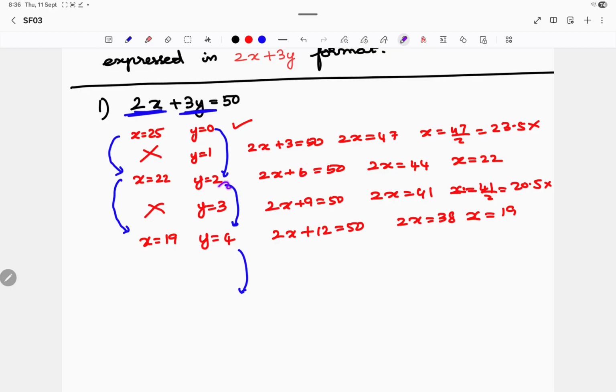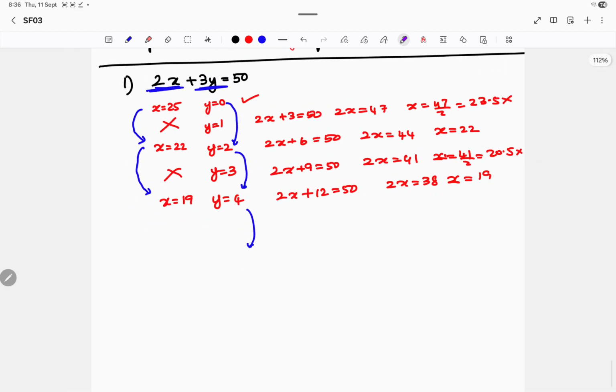Whenever I add 2 to y, what I am adding to the sum is 2 into 3, which is 6. And whenever I subtract 3 from x, 2 into minus 3, minus 6, is the arithmetic change that I am bringing. So essentially the sum will remain unchanged, and I will get the answer 50. I can keep continuing this until x reaches the last positive value.